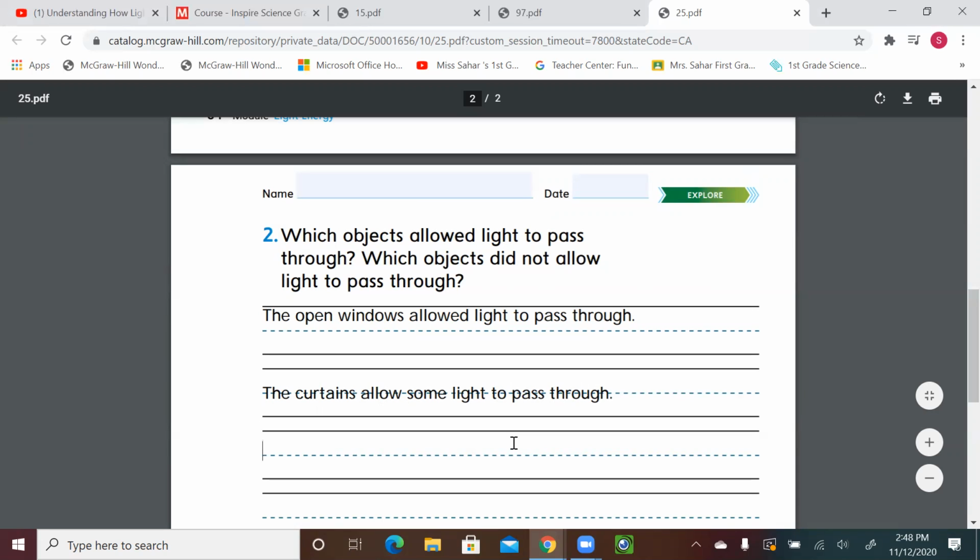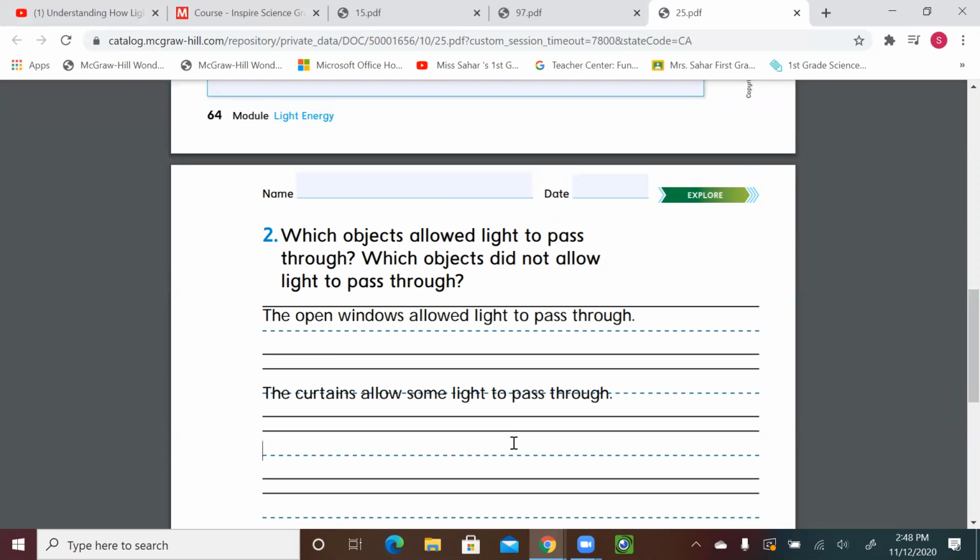How about a wall? So the walls, furniture, the mirror do not allow light to pass through. So remember, when we have the mirror, the light didn't go through, didn't pass through.